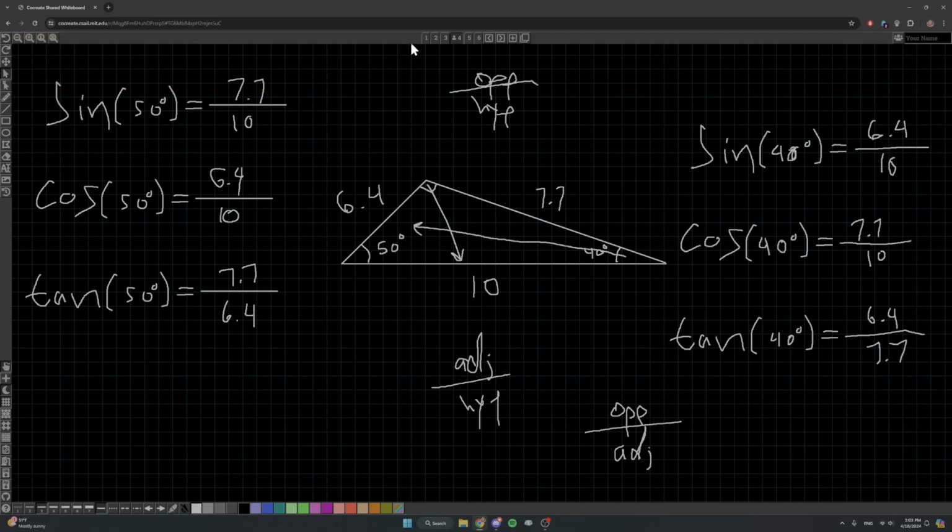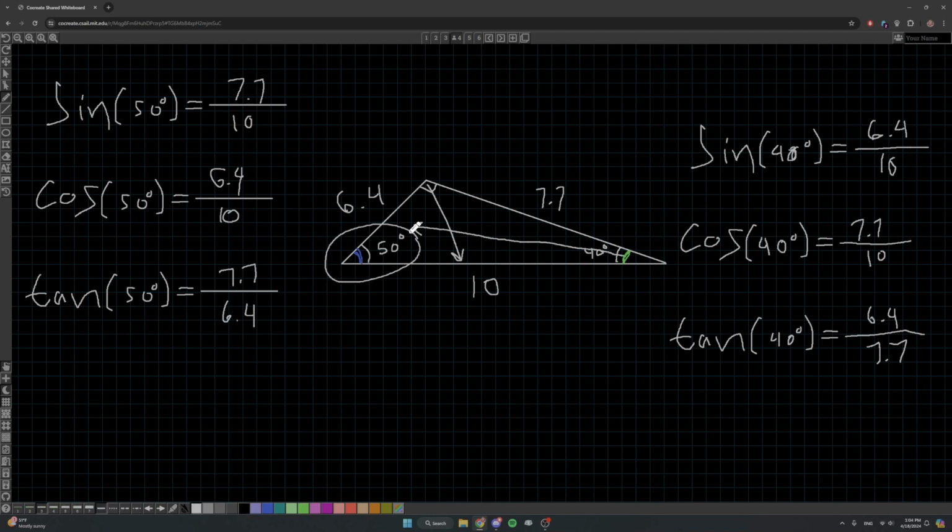And here's what I wanted you to notice on the last one. I'm going to color the 50-degree angle blue, and I'm going to color the 40-degree angle green. First we studied the 50-degree angle, and then we studied the 40-degree angle.